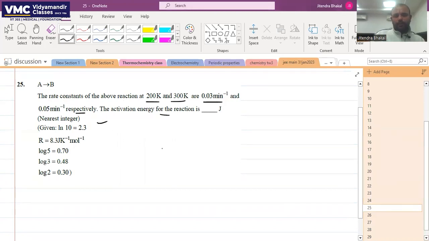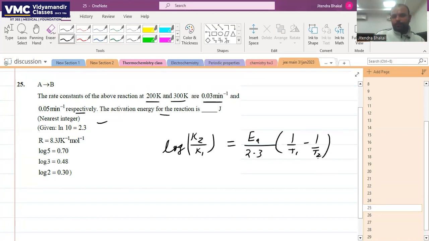So formula for this is log of the rate constant for the second reaction divided by rate constant of first reaction equals to activation energy divided by 2.3 into 1 upon T1 minus 1 upon T2.